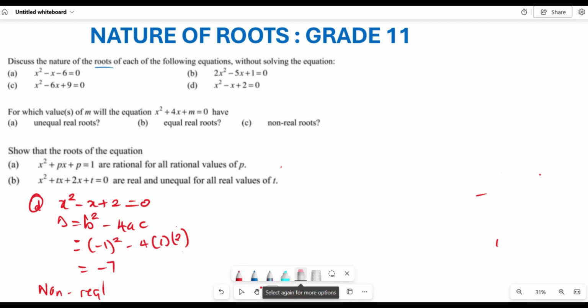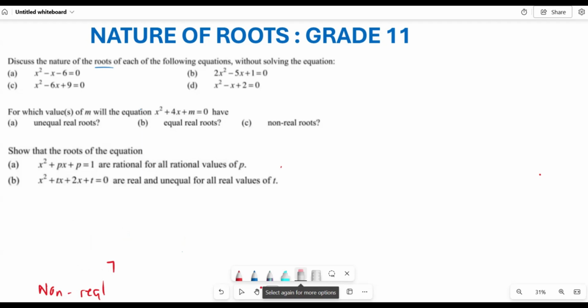Now they are saying, for which values of m will the equation, what is the equation that they've given us? This is x squared plus 4x plus m is equal to 0.